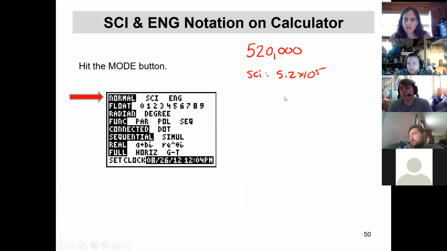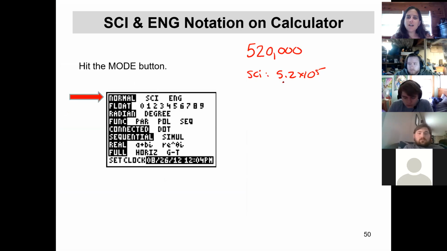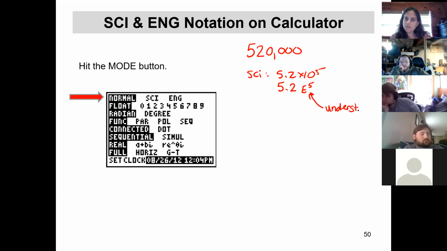It says 5.2, and it has E to the 5th. So this we have to understand: that E means times 10 to the 5th. This E to the 5th, or E5 or whatever it's saying, is telling you that.